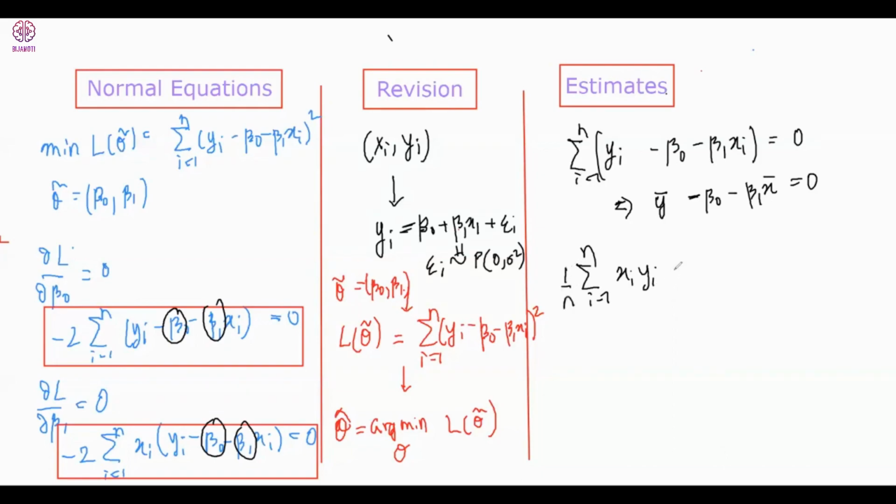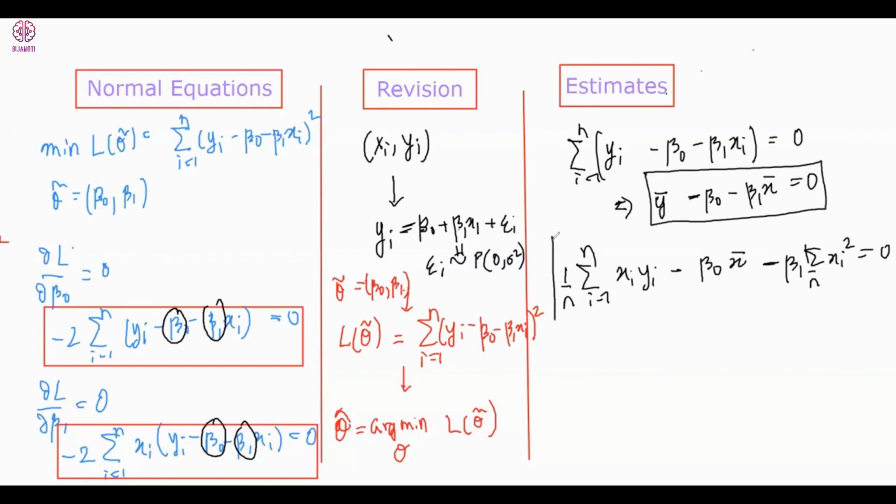So we have 1 by n summation xi yi minus beta naught x bar minus beta 1 times 1 by n summation xi square equal to 0. Therefore we got these two linear equations, this one and this one. They look ugly in algebraic form, but we need to solve them.